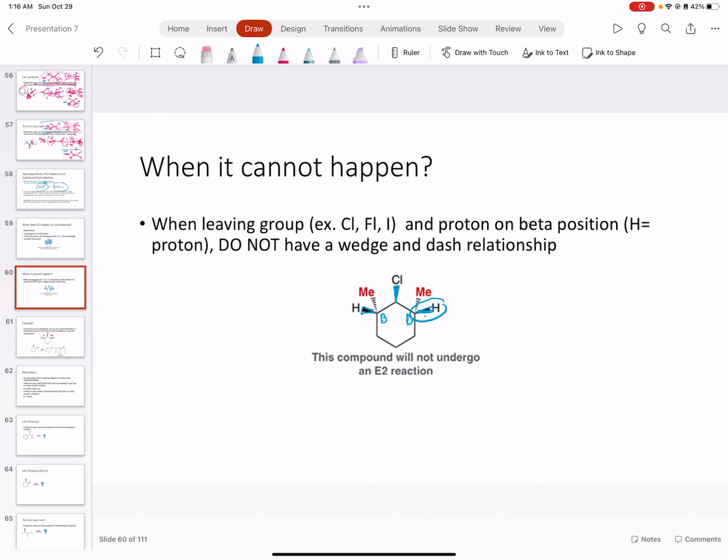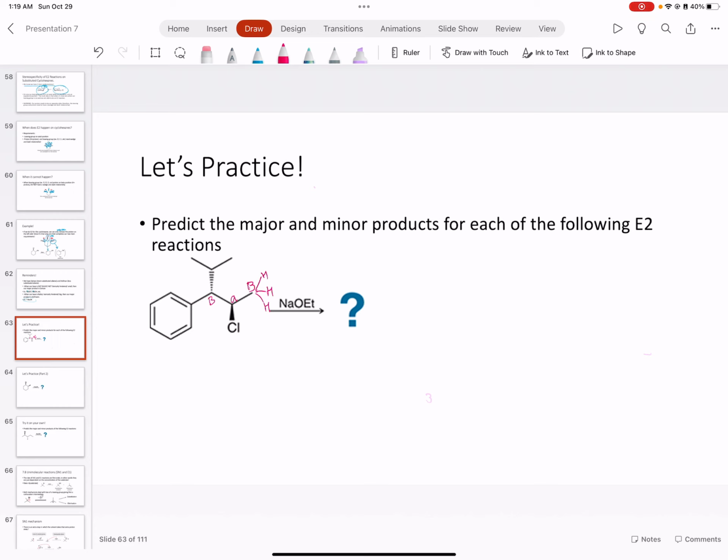So if you think about it, with hydrogen, hydrogen, hydrogen, I wouldn't be able to get priority groups, therefore I wouldn't technically need to do cis and trans. But if I look at my left side beta, then I would have either a cis or trans, not both, because my beta carbon on the left only has a hydrogen on a wedge.